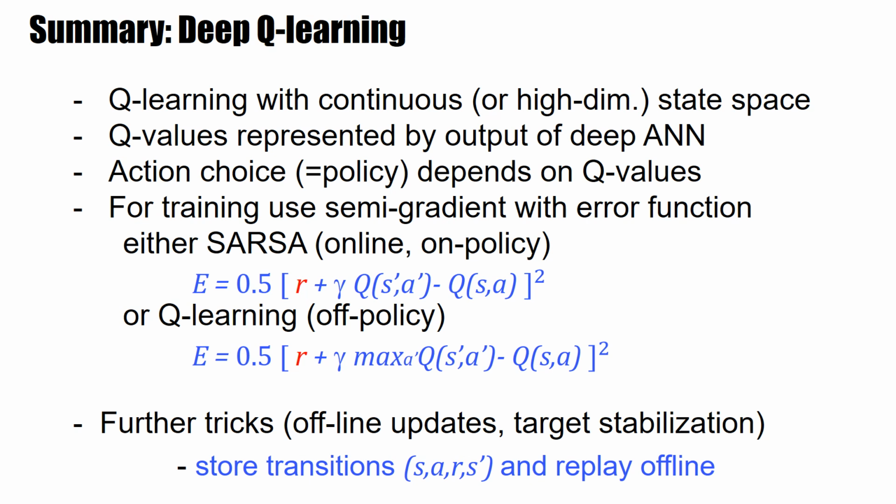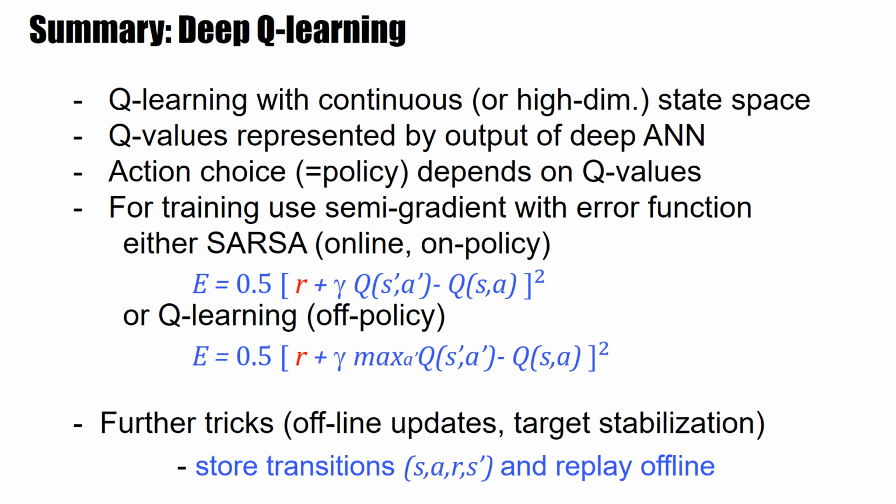And then at the output, we have Q values that are represented by the output units of the deep artificial neural networks. And then our action choice, the policy, depends on Q values, typically a softmax or epsilon greedy.